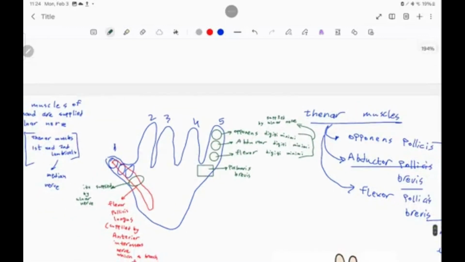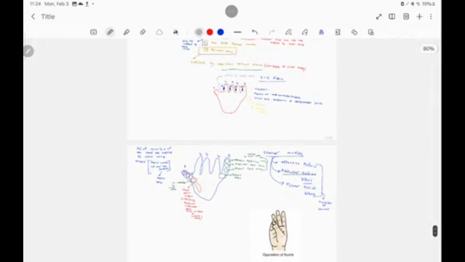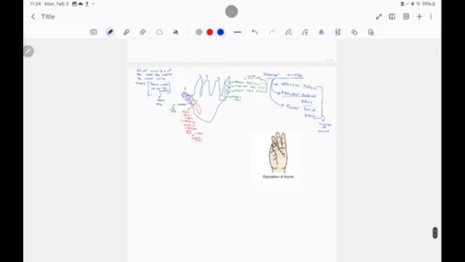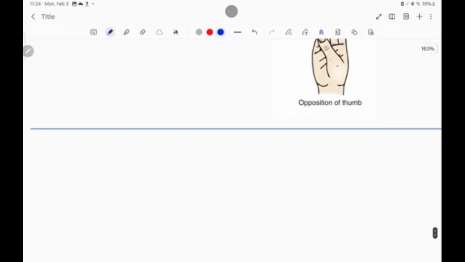Okay, we still have the last muscles that we are going to talk about, which are the interossei. We have two types, palmar interossei and dorsal interossei, and each of them performs different functions.